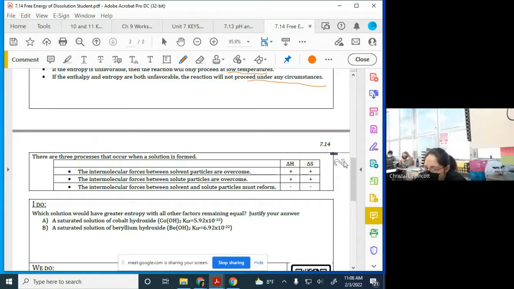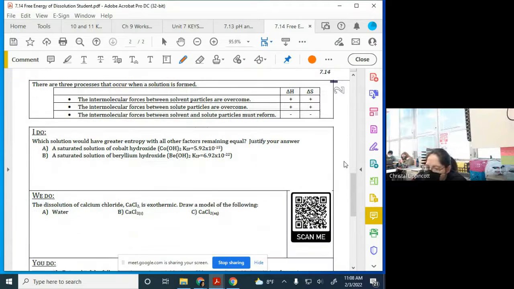So this is what we're looking at when a solution forms: the intermolecular forces between the solvent particles have to be overcome. That means you're going to need some heat and you're going to increase your disorder.